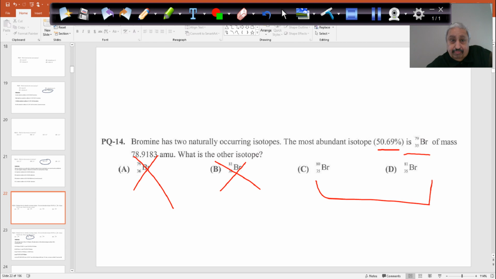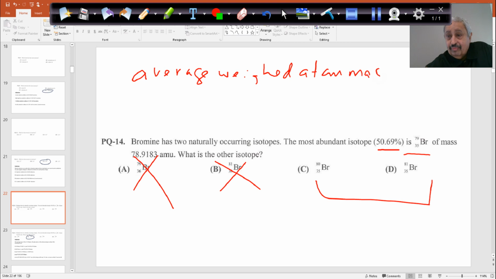So the average atomic mass we can do this way: the average atomic mass is the sum of the isotopes, each with its natural abundance, this is natural abundance here, times atomic mass.